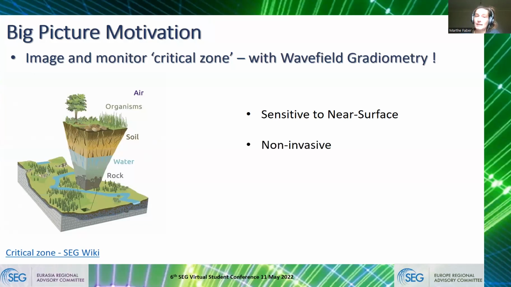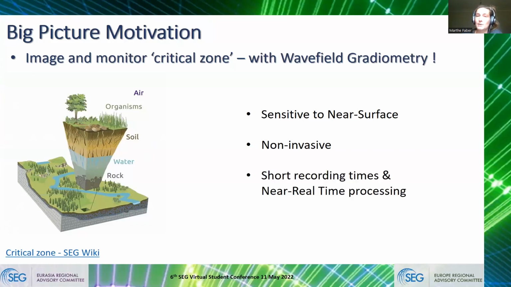It is also a passive imaging method, so it is non-invasive to the ecosystem and depends on ambient seismic noise recordings only. And most importantly, gradometry has very short recording times, on the order of 15 minutes, and allows us to monitor the subsurface in almost near real time after data collection. So this might enable us to pick up and monitor processes that could not have been imaged in such detail before.